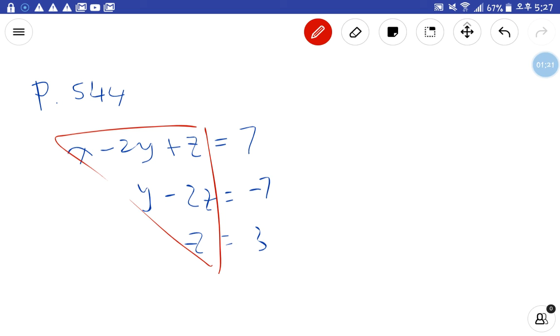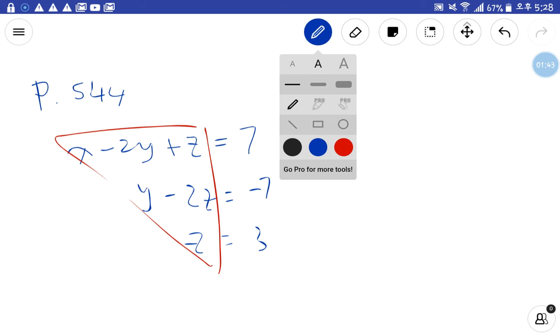Okay, so this triangular form of the system is an equivalent form from which the solution is easy to read. Because obviously z equals 3 is already given to us, it's an easy version of the system that you can solve using substitution. That is exactly the same as example 1.